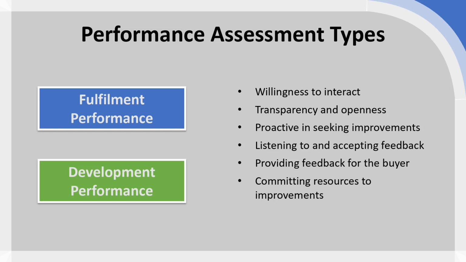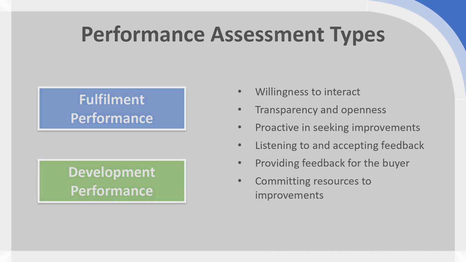So the resources that they're dedicating to improvements, whether there's an adequate feedback cycle in place, whether there's evidence that the feedback being provided is having a material impact on the actual activities that the supplier is engaging in. All of these things would be of primary importance, rather than just the metrics of fulfillment.